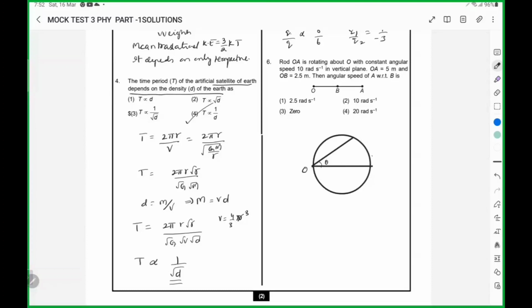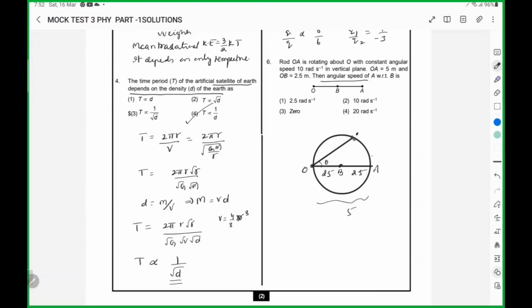So angular velocity is calculated about the point B. Here OA is 5, OB is given as 0.5. So B will be the center. He is asking the angular speed of A with respect to B.